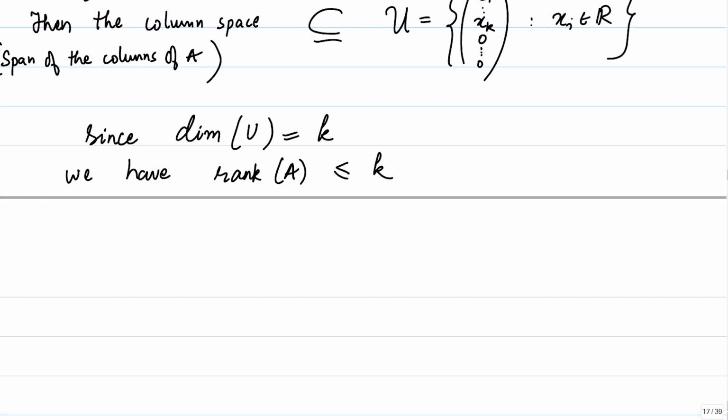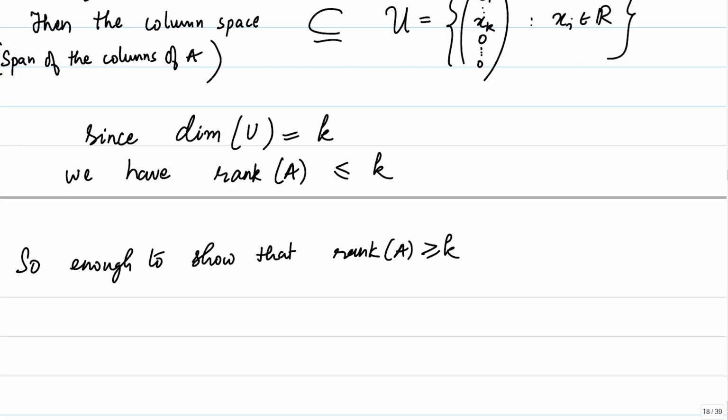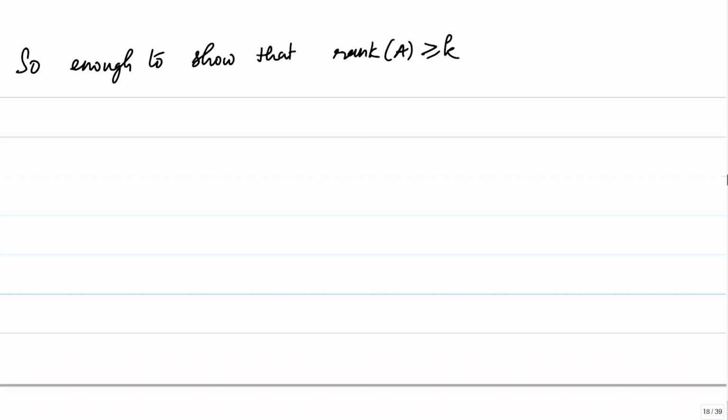We will show that the rank of A is at least k, so it is enough to show that rank of A is greater than or equal to k. If we do this, we have established that our rank is equal to k.